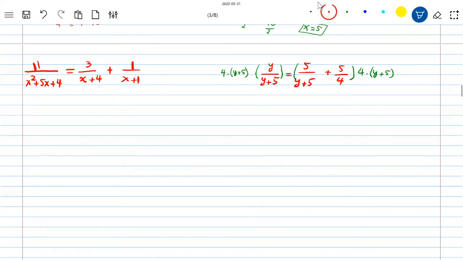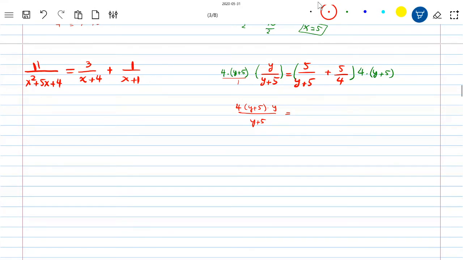Distribute. Left side is only one term, y over y plus 5. You can give the denominator 1 if you want. 4 times y plus 5 times y is 4y plus 5 times y. You don't need to distribute yet. Simplify first. I'm going to multiply across.